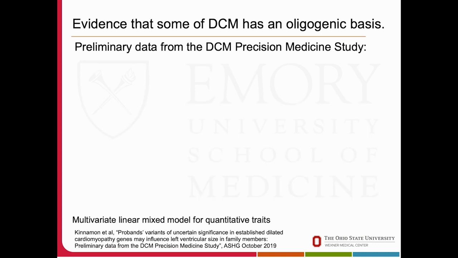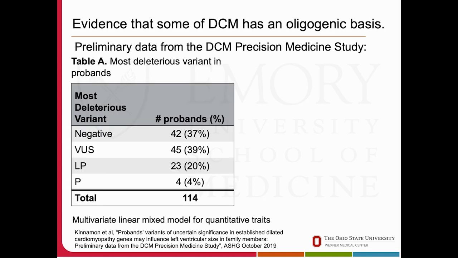And then preliminary data from our precision medicine study using the same methods as that published paper. This is an initial cut, and I'll say more about the precision medicine study, but an initial cut of 114 probands, restricted to those with negative 37%, VUS 39%, likely path 23%, pathogenic 4%.